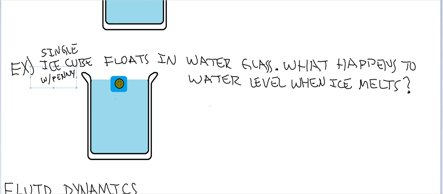This time, if you start with a glass of water, you add an ice cube that has a penny frozen inside of it, and then you take note of the water level.